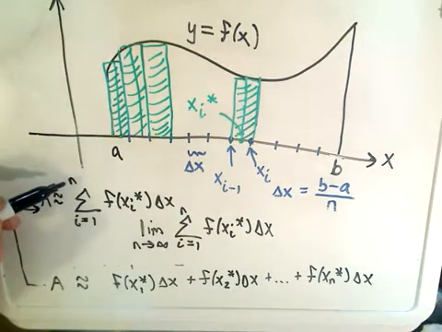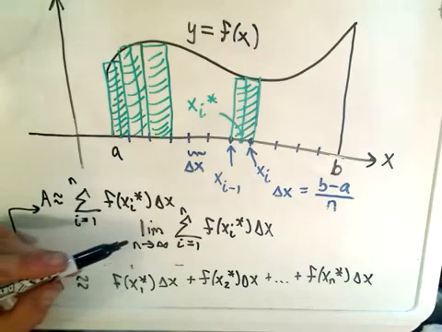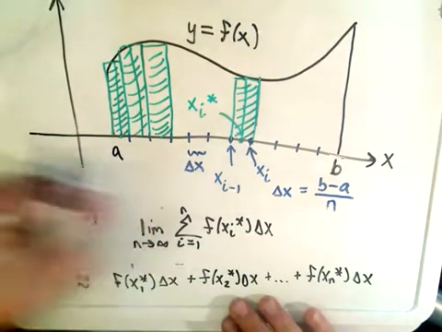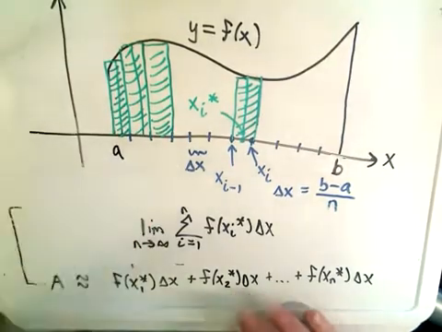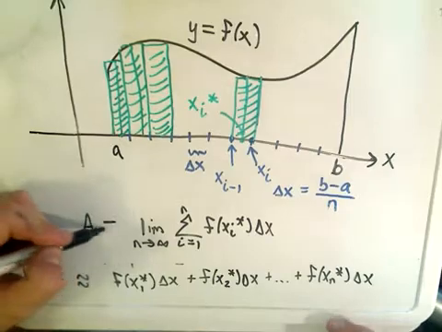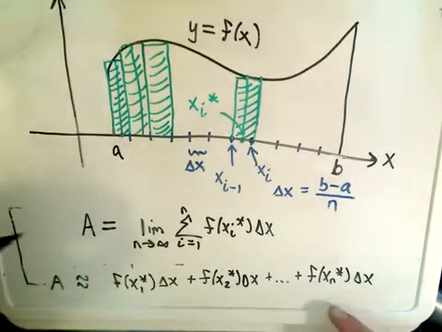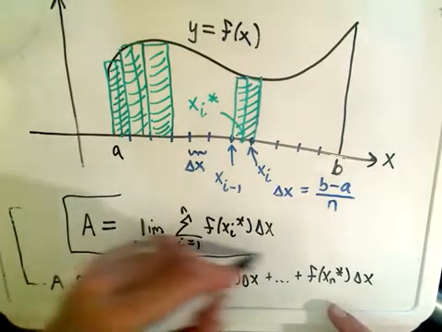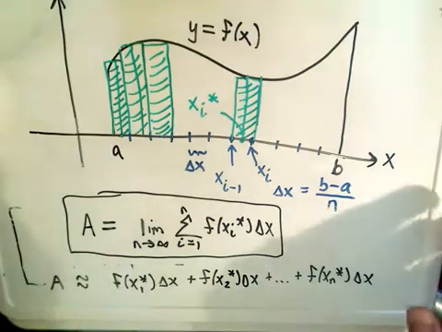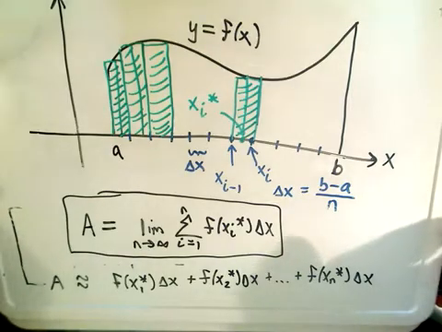Again, the approximation was just when we used n rectangles, so now we're saying let the number of rectangles go off to infinity. And the approximation gets better and better and better. By calculating that limit, we can say that the true area underneath the curve would therefore be the limit of those approximations. Okay, and that's the basic idea.